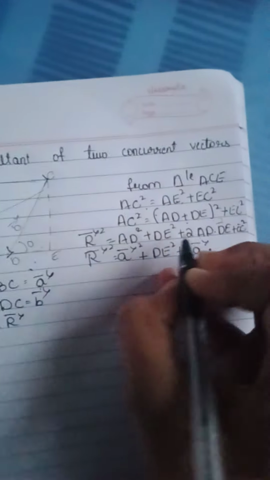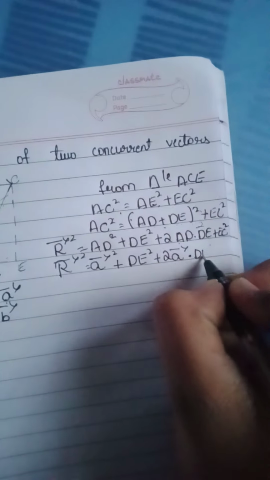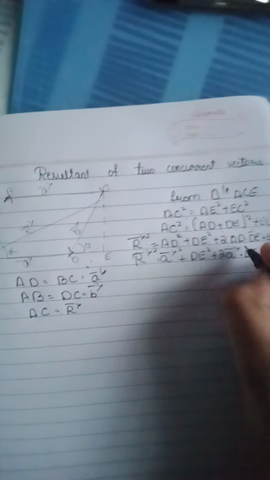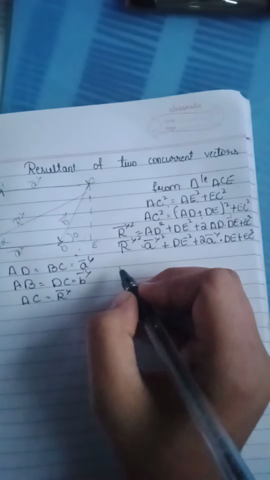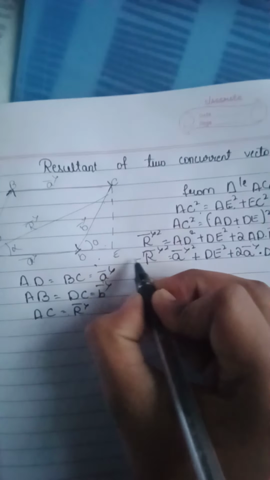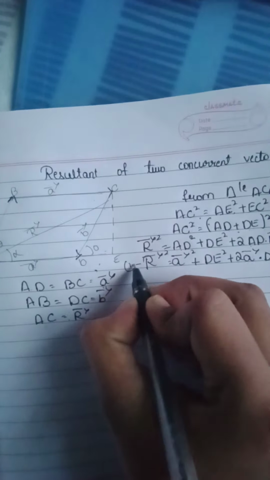We don't know DE, so we write it as DE, and EC also we don't know, so EC square. We call it equation 1.